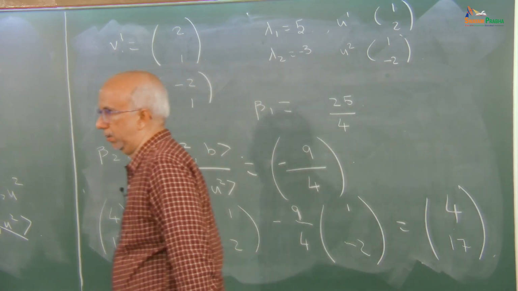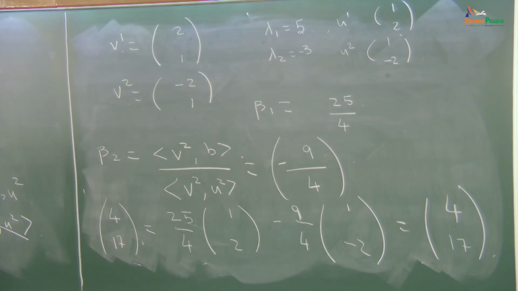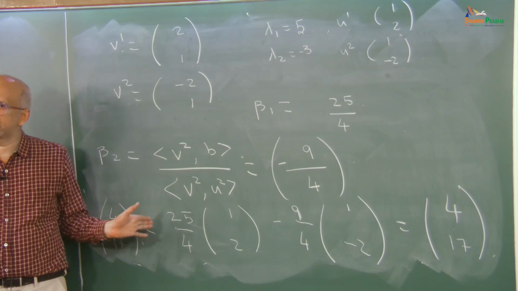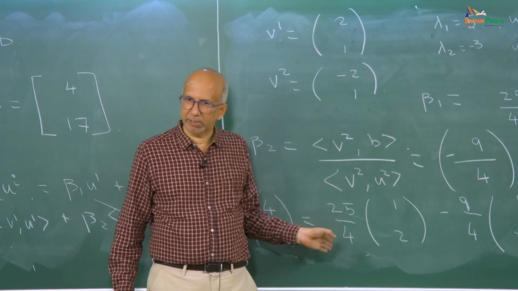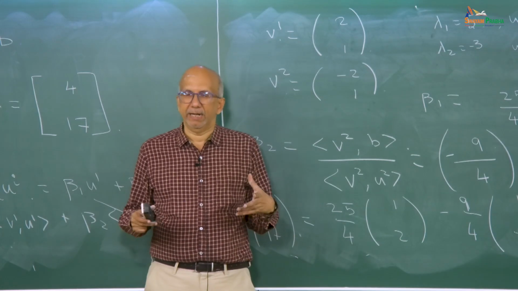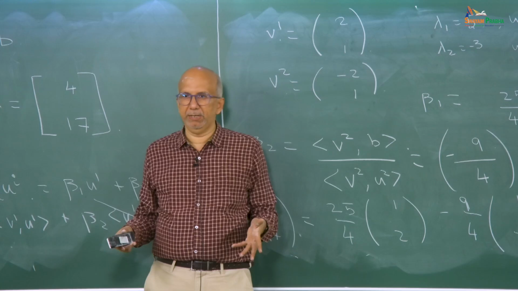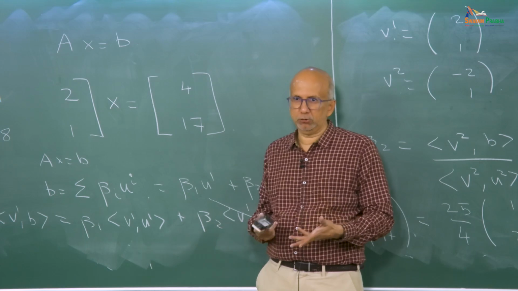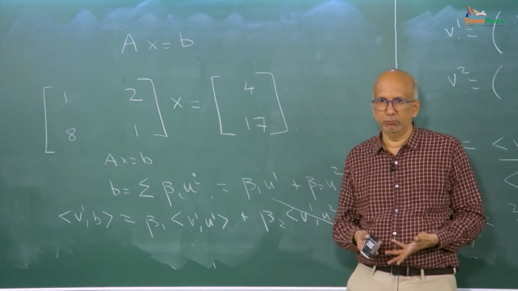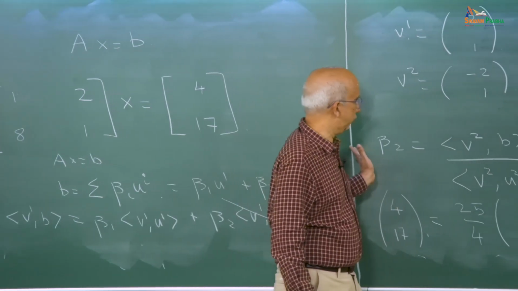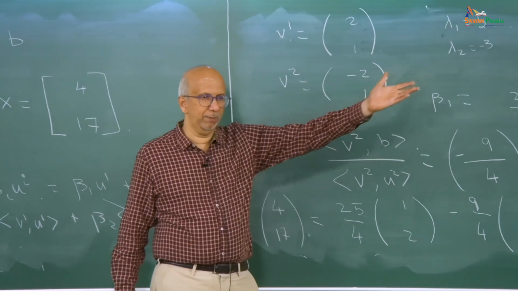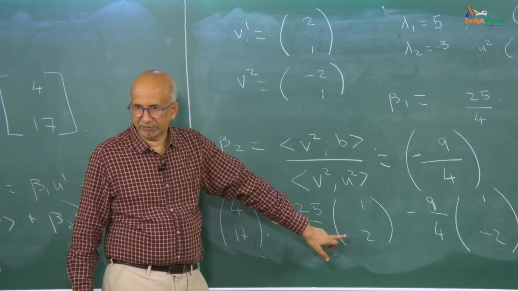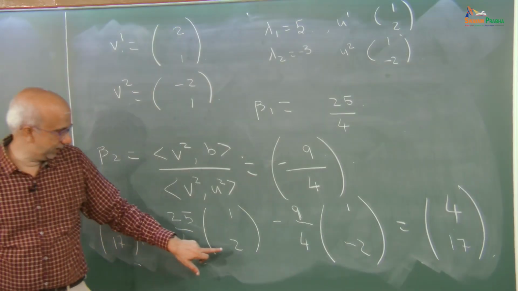Oh, thank God. Okay. So, basically I am just trying to show you that the beta 1 and beta 2 that we found are correct. Rather than solve a system of equations to find beta 1 and beta 2, I just did inner products, exploiting the orthogonality with V1 and V2. We did just one inner product, got the coefficient, and I am verifying that the coefficients I found are indeed correct, because B was represented in terms of my basis.